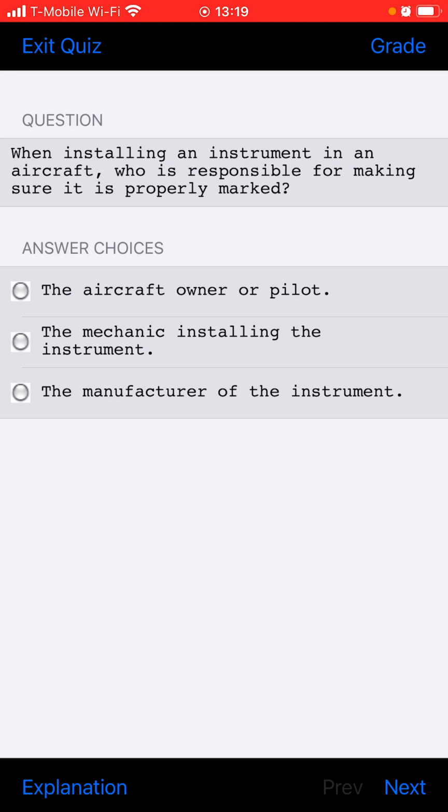In what way do magnetic fields generated by electrical equipment and steel parts in the airplane affect a magnetic compass?